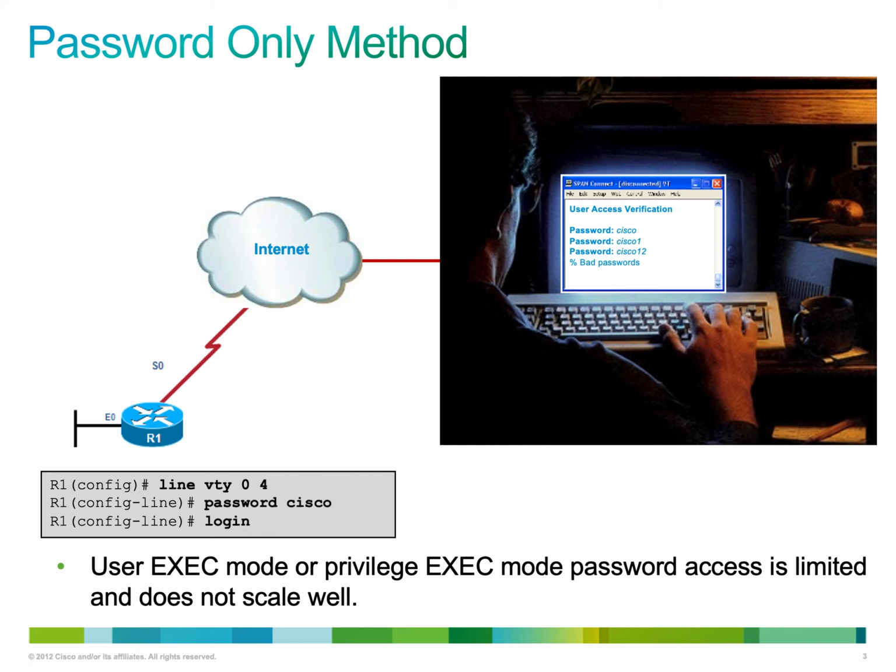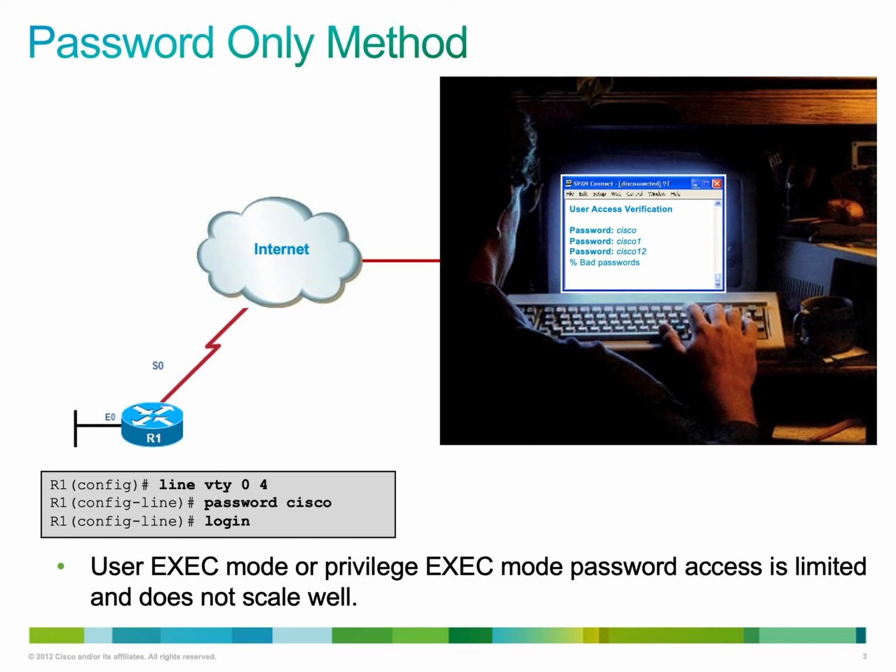Password access is limited and it does not scale well. The user execute mode or privileged execute mode password access is usually limited, because what you have is not what others have in an organization.